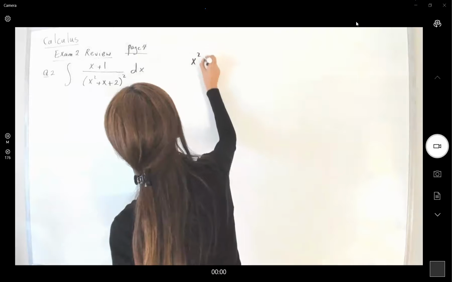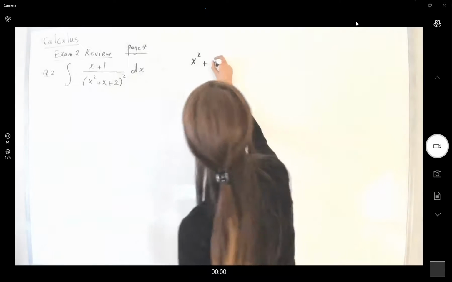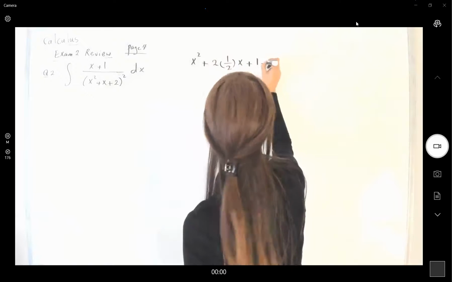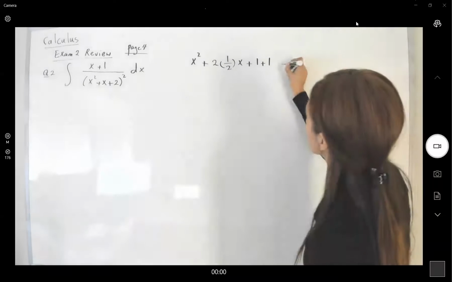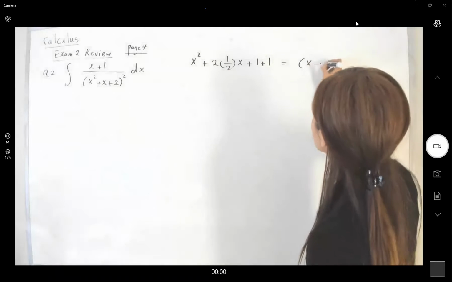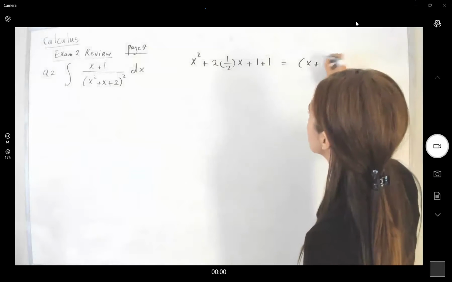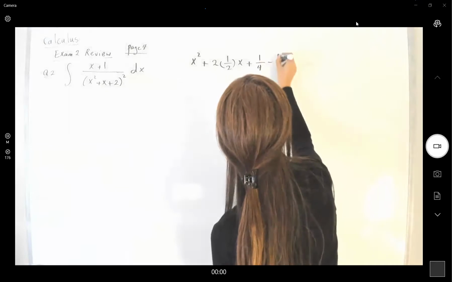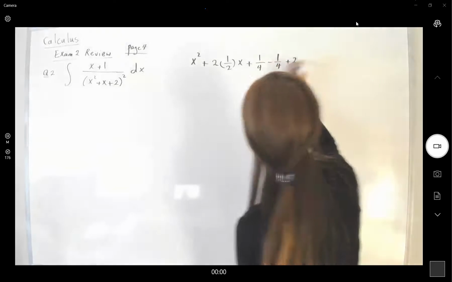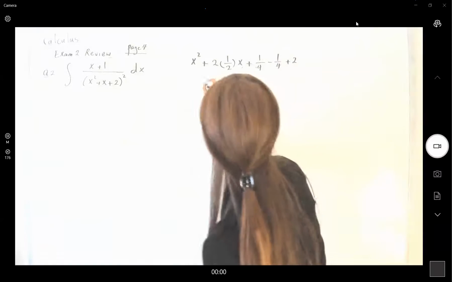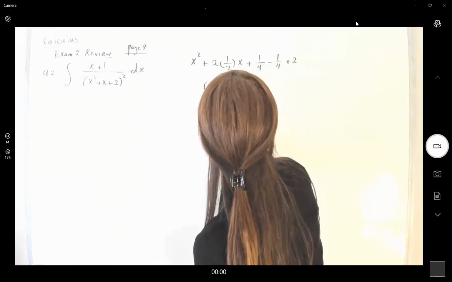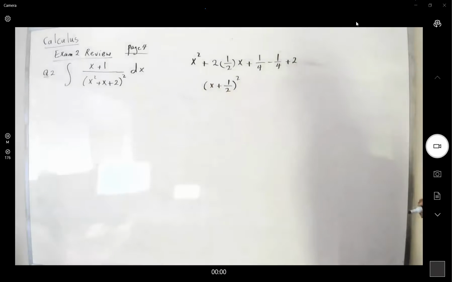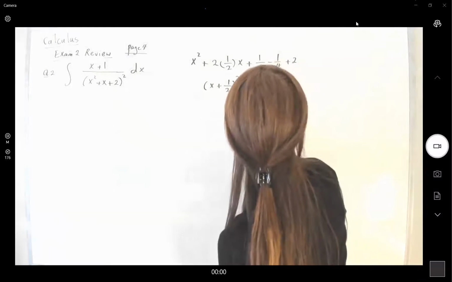So here you have x squared plus 2 times a half x plus 1 plus 1. So this can be written as x plus a half, a fourth minus a fourth plus 2. So this is x plus a half squared, and here we get plus 7 over 4.